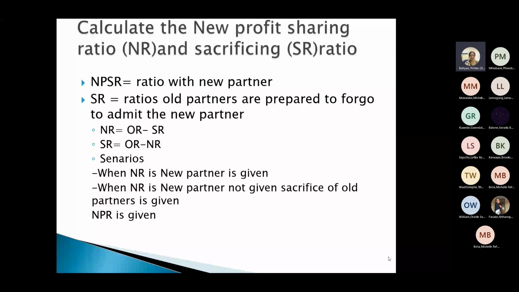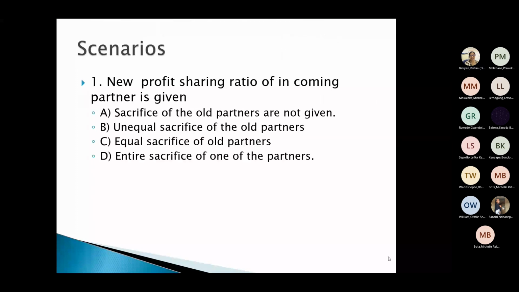So when a new partner joins, how do we calculate the new profit sharing ratio? For that, there are different terms and conditions and different scenarios. The new profit sharing ratio can be calculated based on certain situations, like when the sacrifice of the old partners is not given.